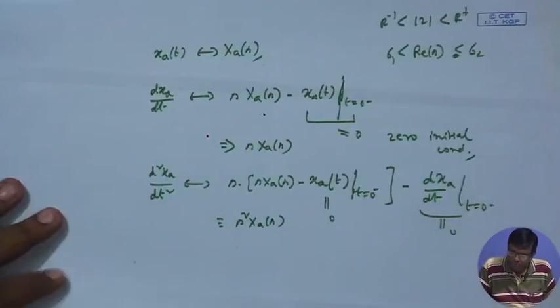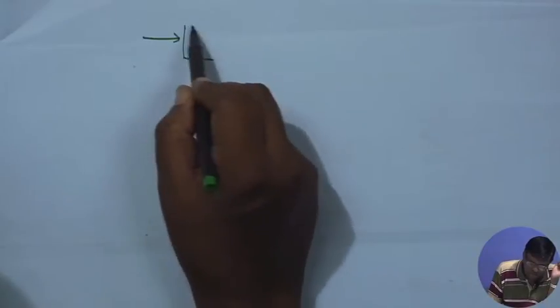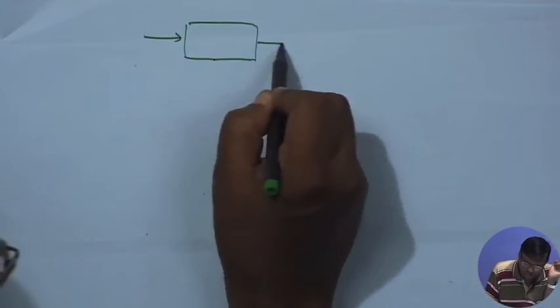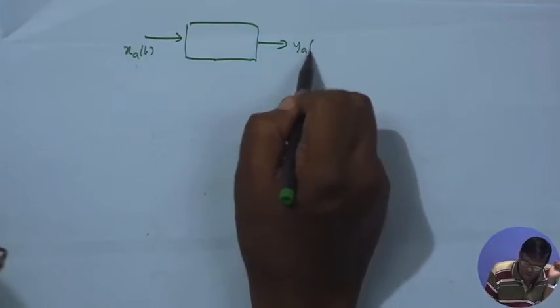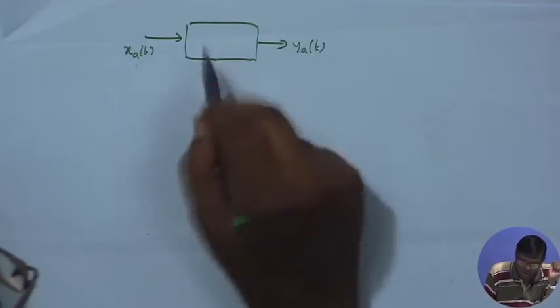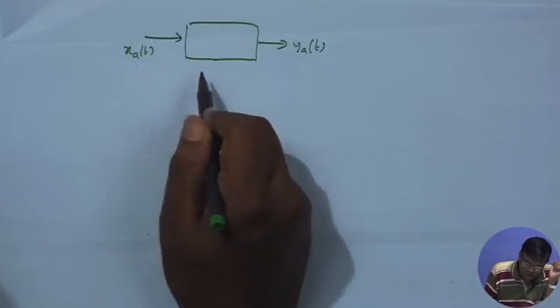Okay. Now, consider a differential equation, an analog system which takes x_a(t) and gives an output y_a(t), a particular system which is governed by a differential equation.